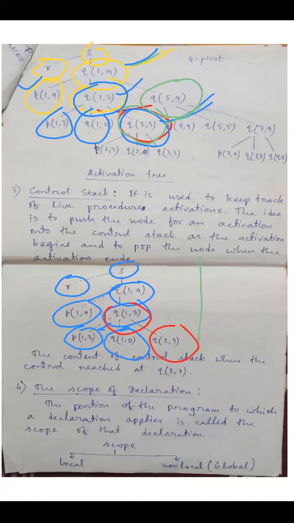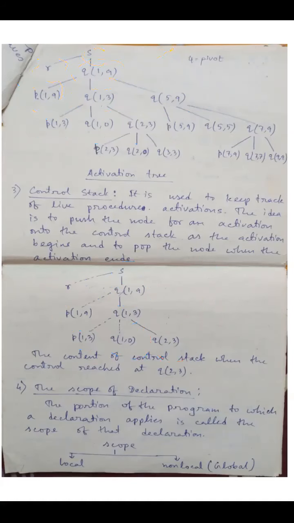It is running. So if we want to look at the stack when you are executing this function, then this will be the content of our stack. Your stack will store S, this one, these two are completed, and this one.